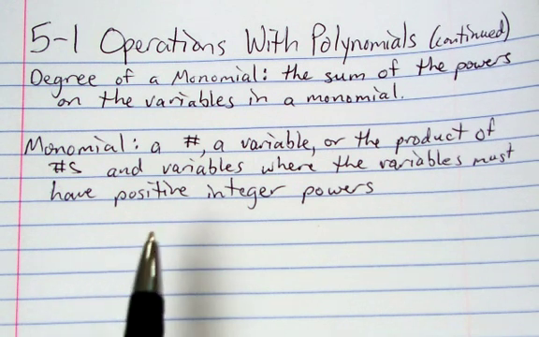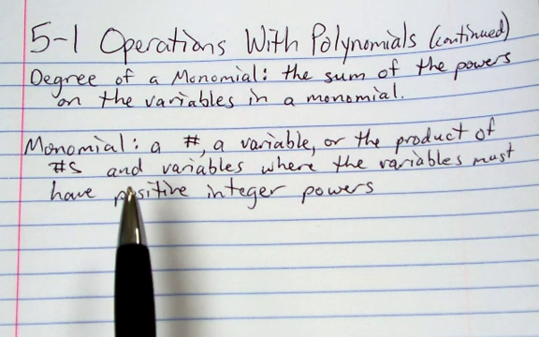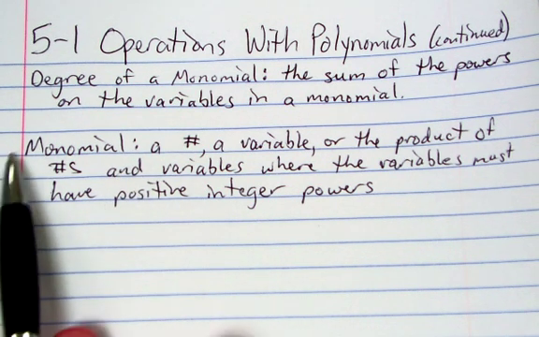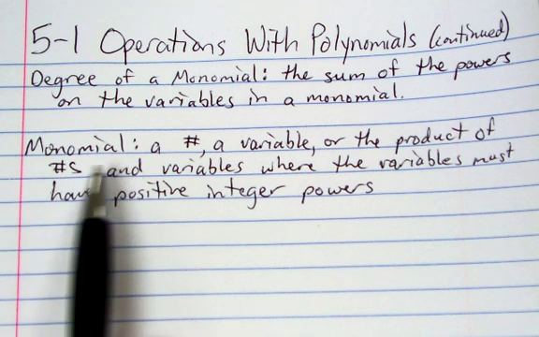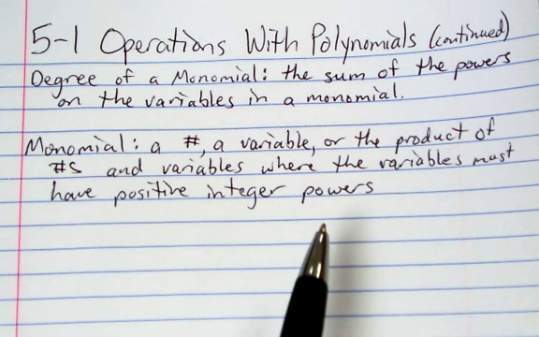This means that in a monomial, to be strictly defined as a monomial, the variable cannot appear in the denominator. It cannot appear in any type of root. It must have a positive integer exponent.